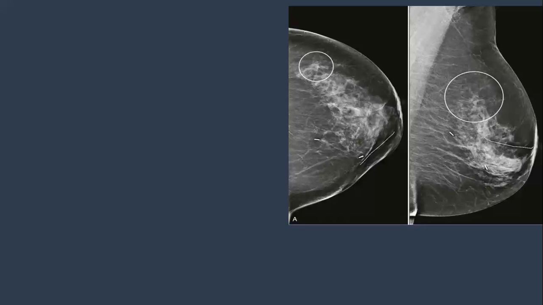Okay, what about this case? What are these structures?